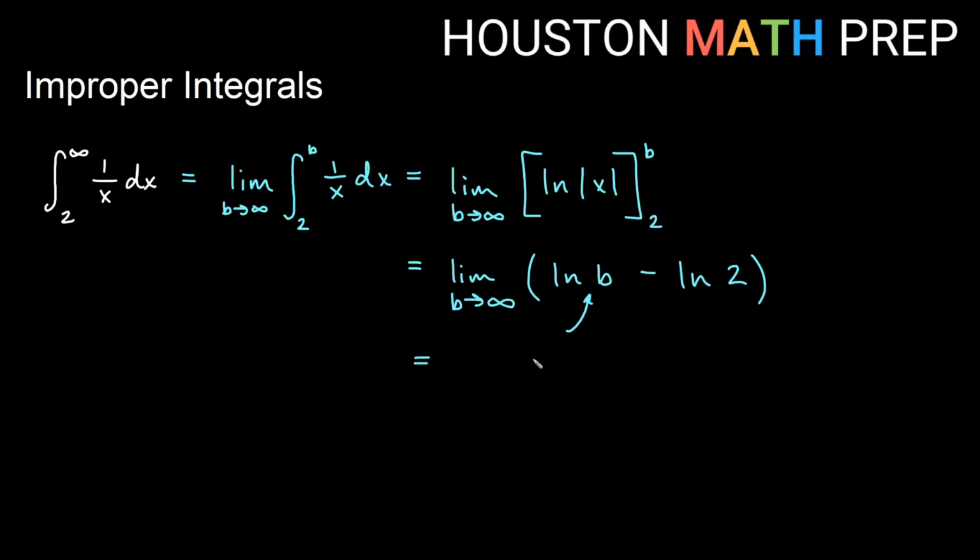So we actually end up with something infinite minus some real number, the ln of 2. If I have an infinite amount of stuff here, subtracting off some real number is not going to change that. So we tend toward positive infinity with this integral. In other words, we can also say that this integral diverges. It does not arrive at a real number.